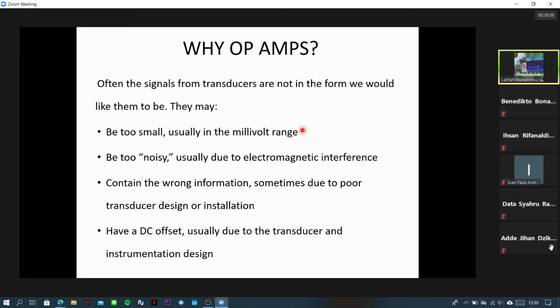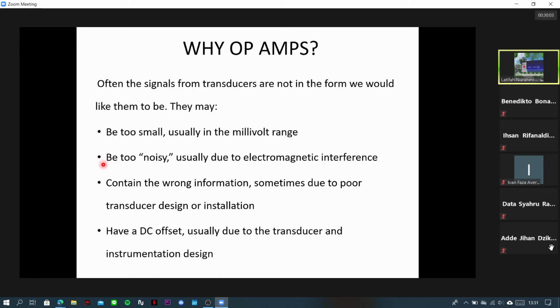They want to control the change of temperature each time, okay? So let's say if the change in my sensors is quite small, in the millivolt range, it means I need to use the operational amplifier.